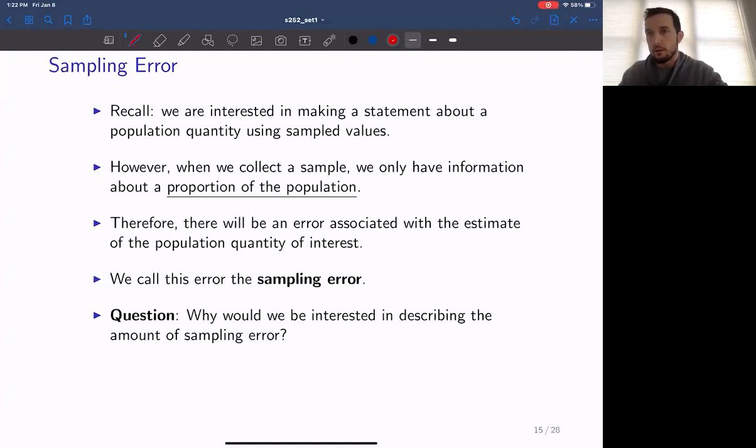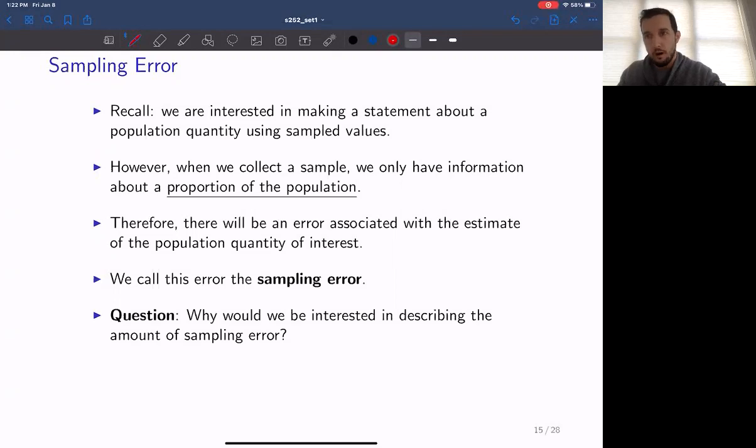So by being able to define the distribution of the statistic or the estimate that we are working with, we can then describe this sampling error. This is very important because we do not want to misrepresent the results that we are giving. When you report things like averages without the associated standard deviation or the margin of error, it can be misleading.